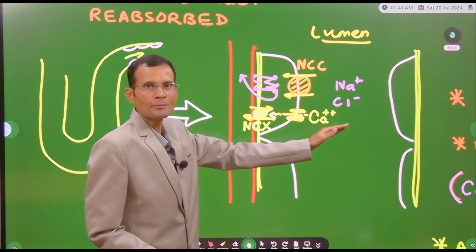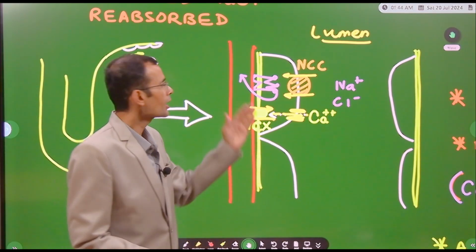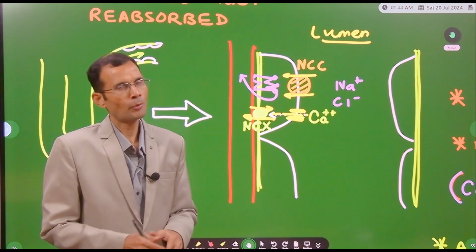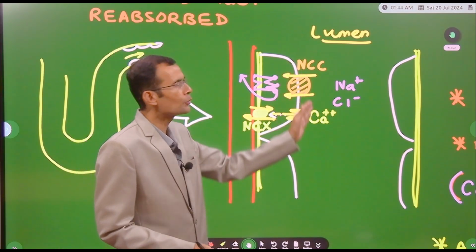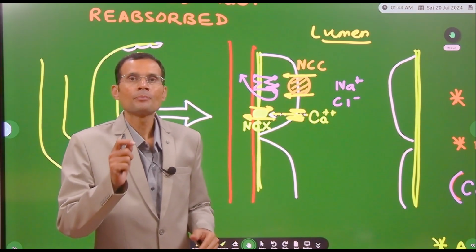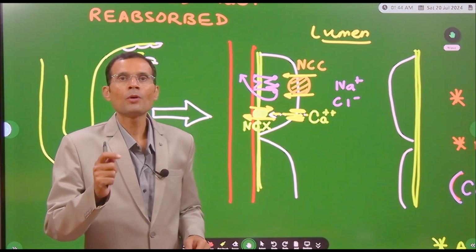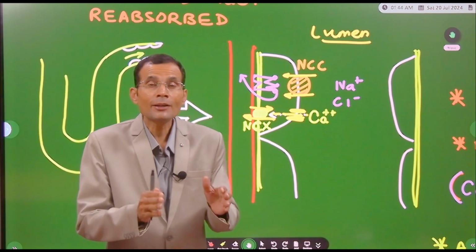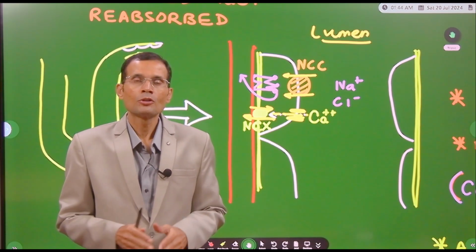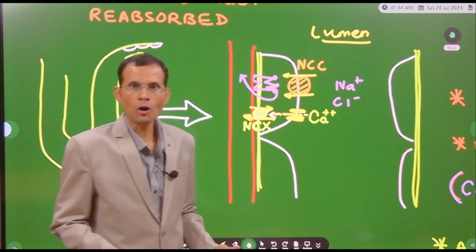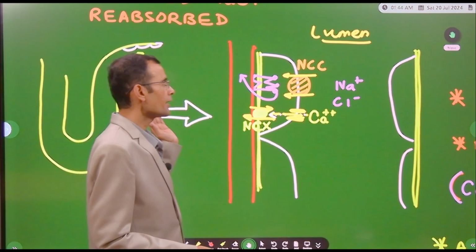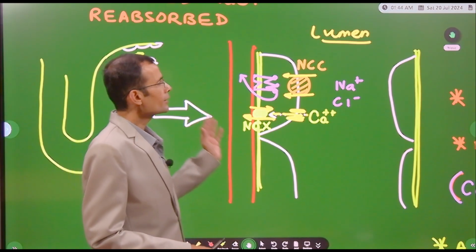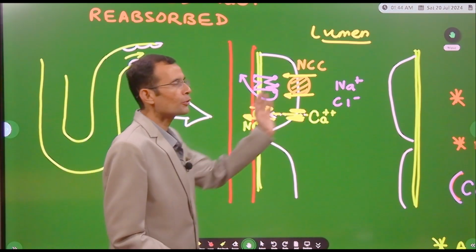Potassium would come back into the lumen, creating a lumen-positive potential, with positive charges accumulating in the tubule, because of which calcium and magnesium were driven out of the tubule by the electrochemical gradient. So calcium and magnesium were being reabsorbed from that segment, the thick ascending limb, by the use of the electrochemical gradient. There is no such case happening here because there is no potassium recycling.